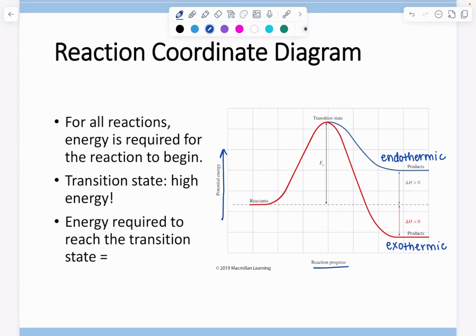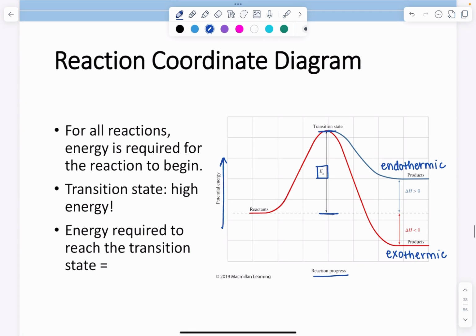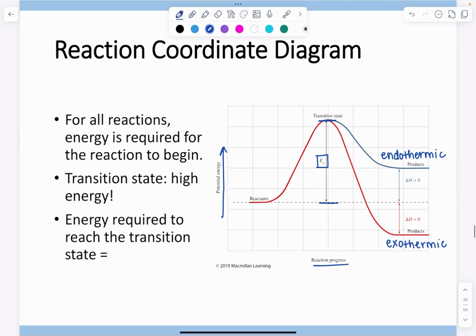The energy between the start of the reaction, so the reactants' energy, and the highest energy point, the transition state, that is activation energy. So the energy required to reach the transition state is E subscript A, or activation energy.